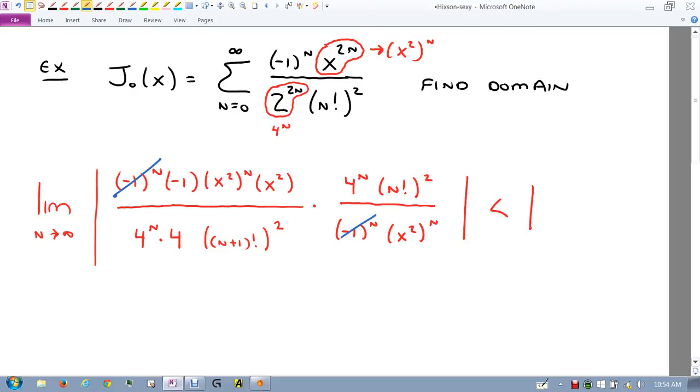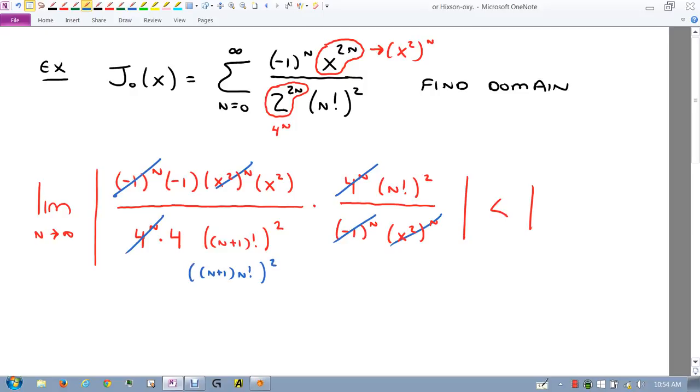Okay, cancel here, here, here. What else? 4 to the n. There. Can I do anything with the n factorials? It's got to be something I can do there, right? Can I peel off on this n plus 1 factorial? Can I peel off 1? Can I rewrite this as n plus 1 times n factorial and then squared like that?